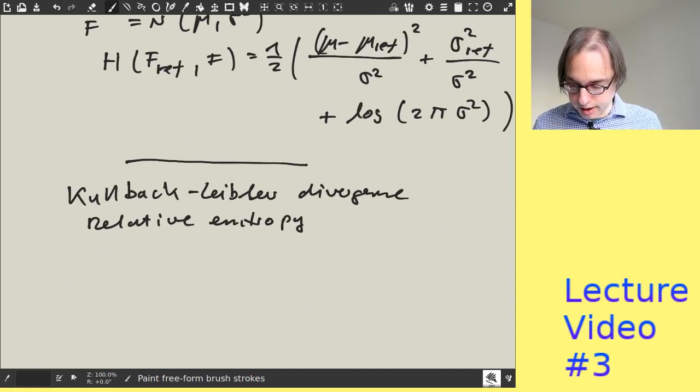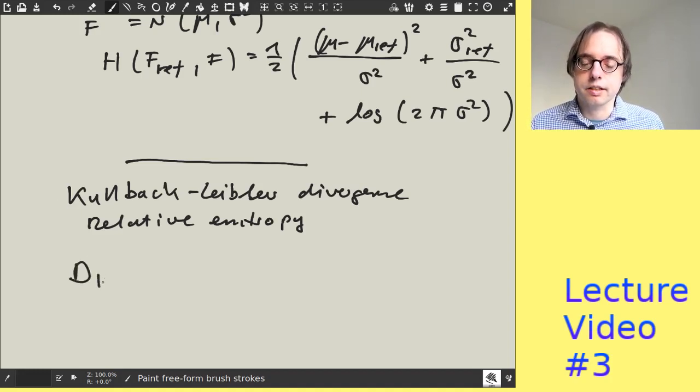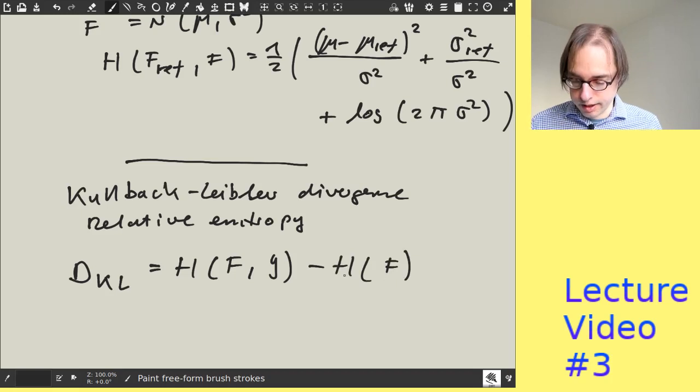The idea is to define the Kullback-Leibler divergence, written dKL, and we simply take the cross entropy H(f, g) minus the entropy, and then we have a quantity that can also be written like this.